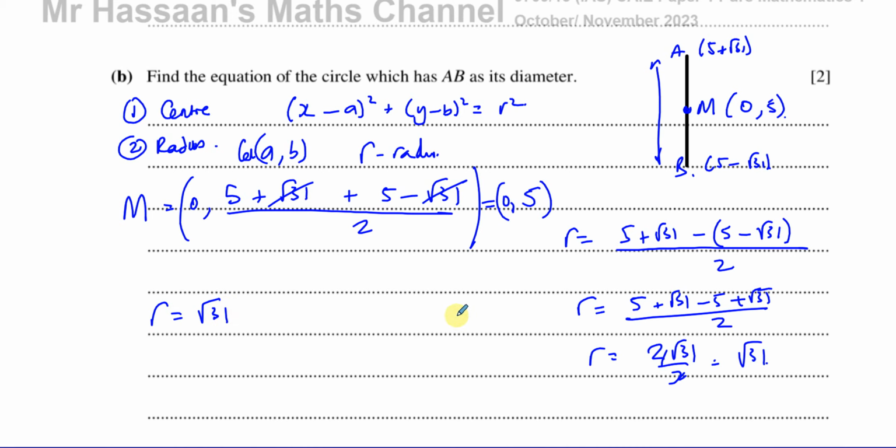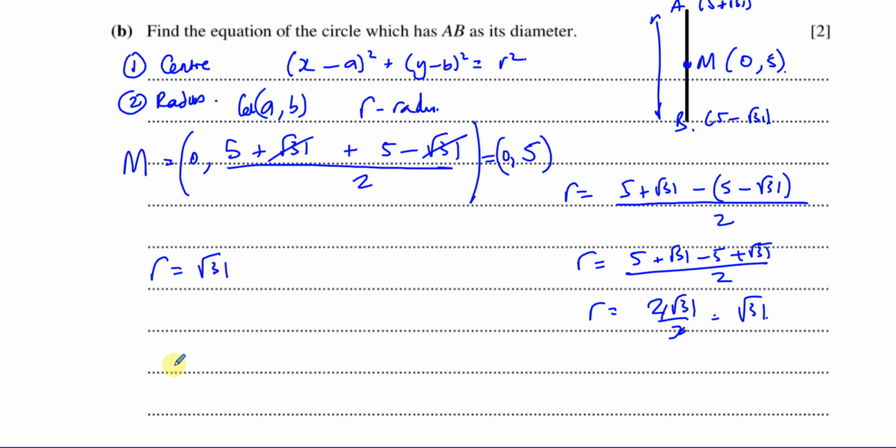So now we can write down the equation of our circle. The radius is this, and the center is (0, 5). So we can say (x minus 0) squared plus (y minus 5) squared equals the radius squared, which is root 31 squared.